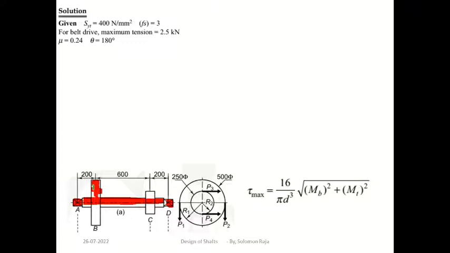This pulley B is the input pulley. Through a belt, this pulley is rotated and it is getting the input power, and pulley C is the output pulley.